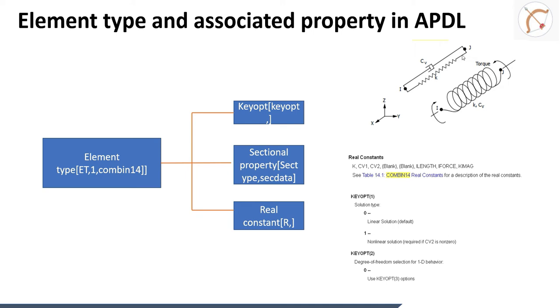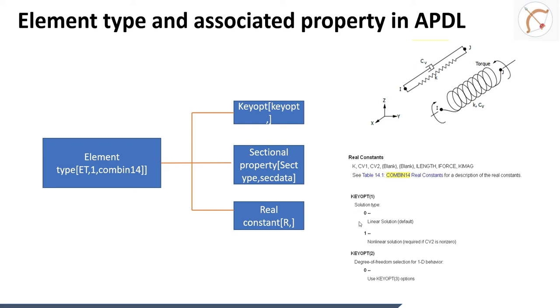For example, as we are mainly focused on the spring element, let's take an example of the COMBIN14 element. Here we can see on the right hand side that the COMBIN14 element stiffness values, damping values, and preload values are controlled through the real constant.